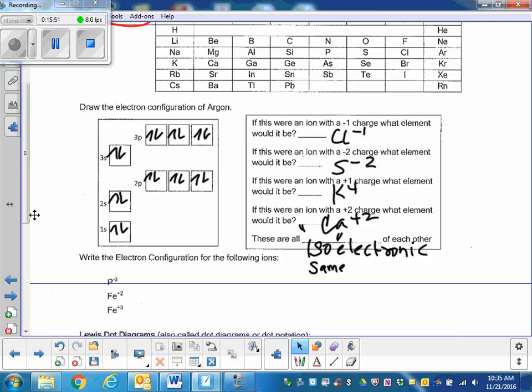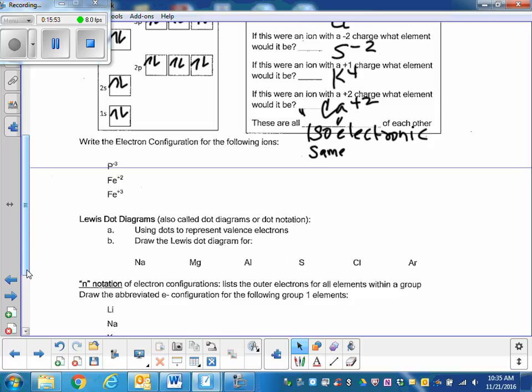Okay. So now they want us to write the electron configuration of P minus 3. Guys, this is interesting. P minus 3 is similar to which element? Argon.